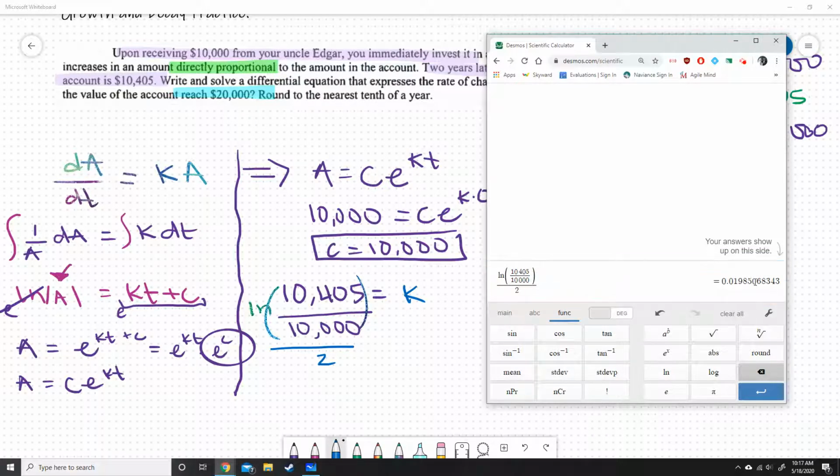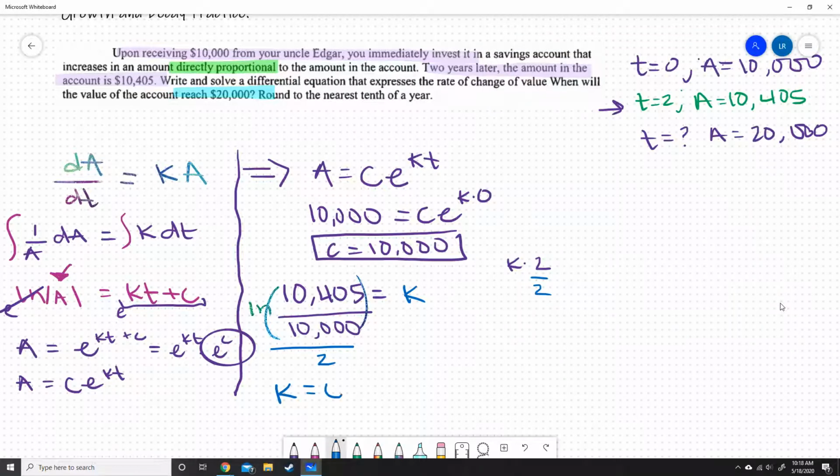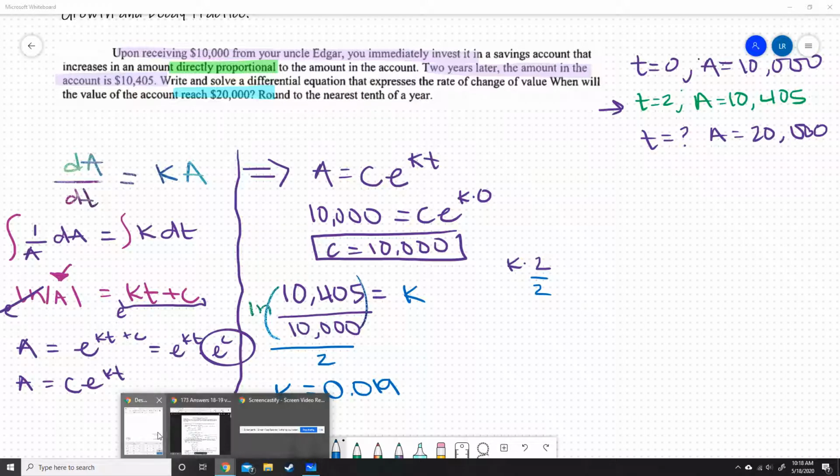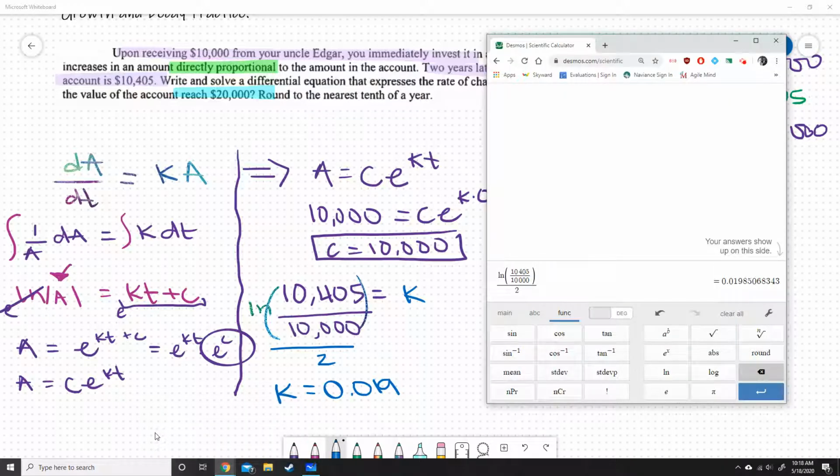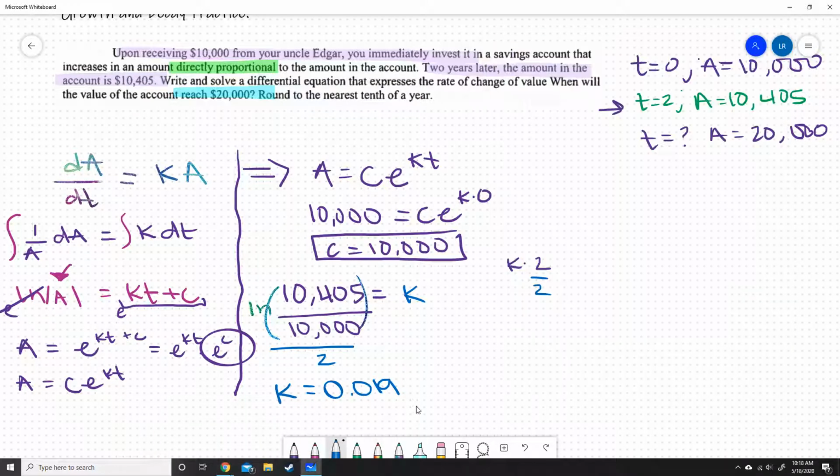And so here is our K, 0.01985 and so on. So K equals 0.01985. Let's say 0.01985.